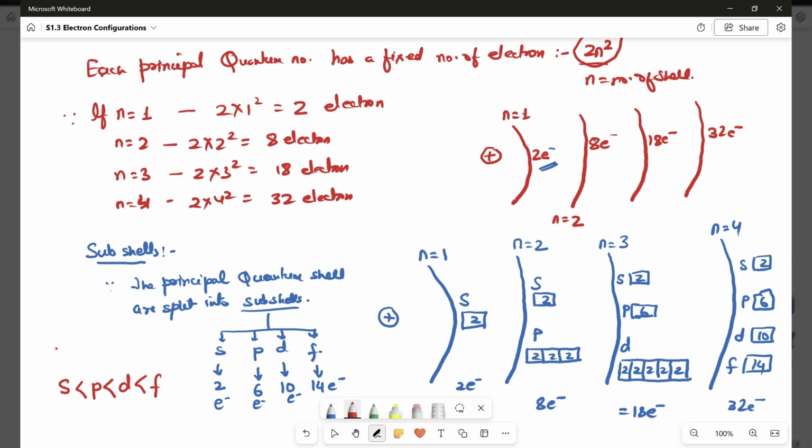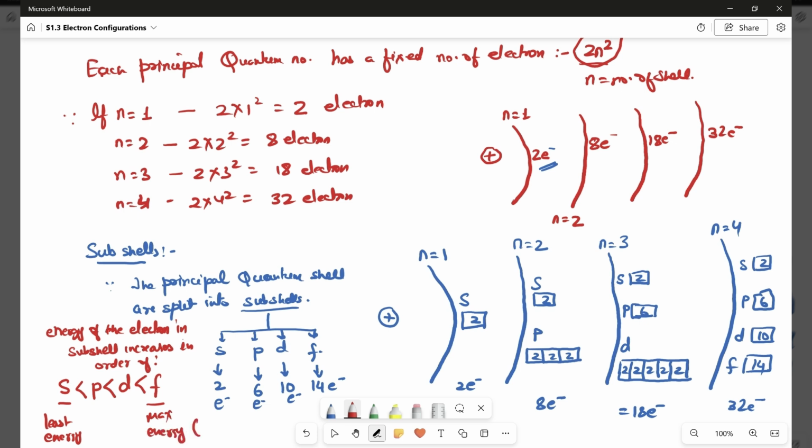The energy of the electrons in a subshell increases in this order: s has the least energy, and this one has maximum energy.